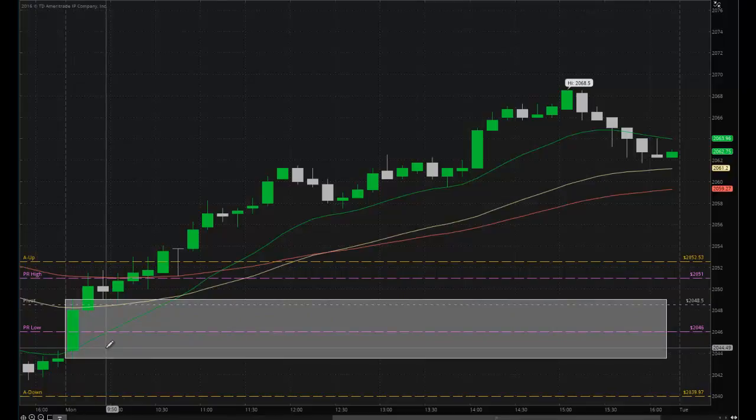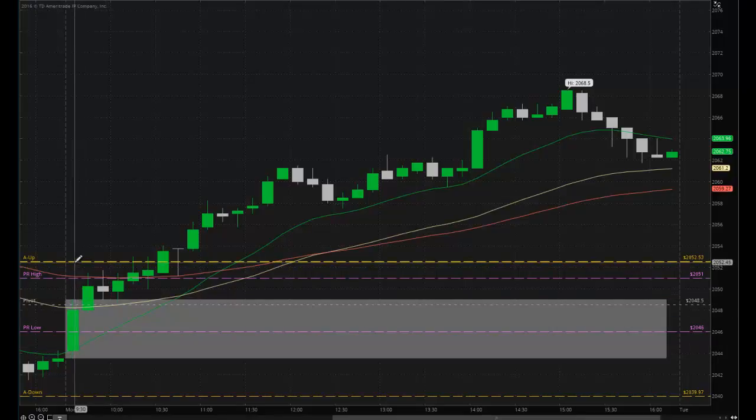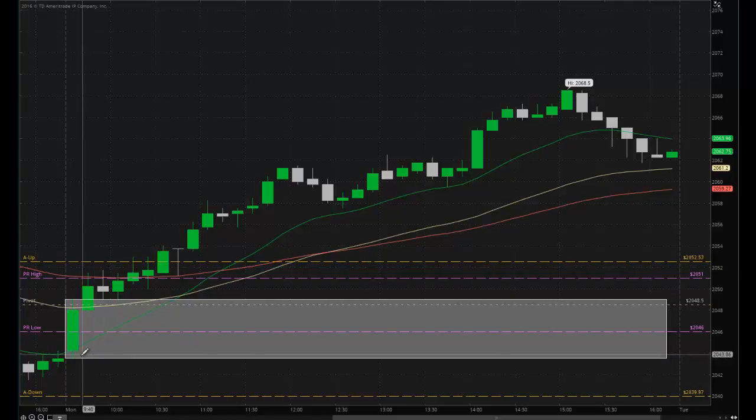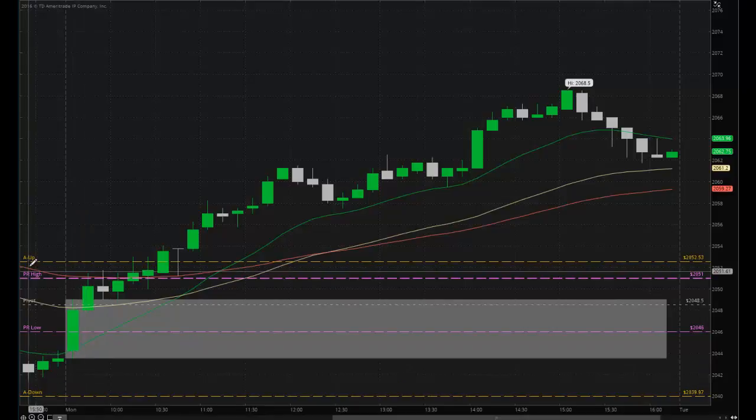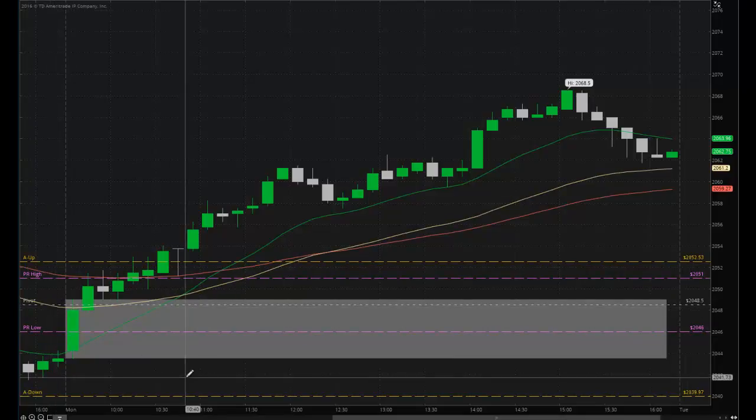I then apply my calculation for the A points to the top. Calculated up gives me the A up, and from the bottom calculated down gives me the A down. And of course my pivot range are my purple lines: pivot range high, pivot range low, and the middle of the pivot range is the daily pivot. And then I have my moving average lines on here. I use a 13, 34, and 55.